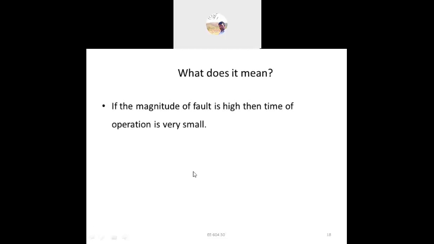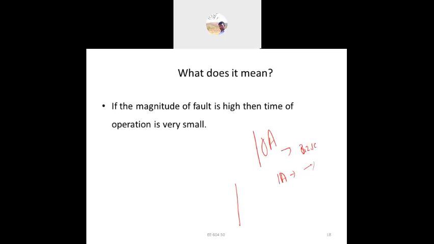So if the magnitude of the fault is high, the time of operation is small. That means if the fault current is 10 amperes, it should operate below 0.2 seconds. If it is 1 ampere, it should take more time.